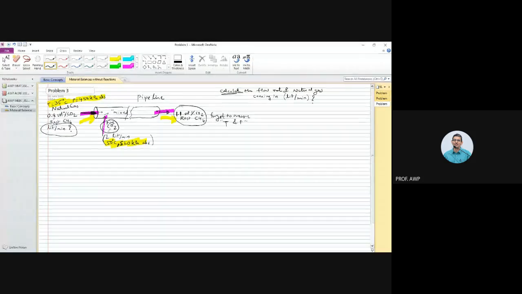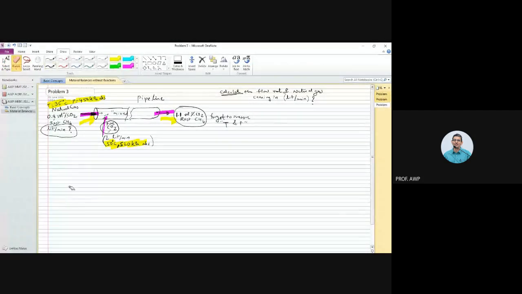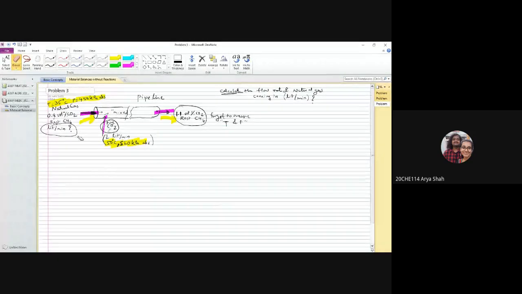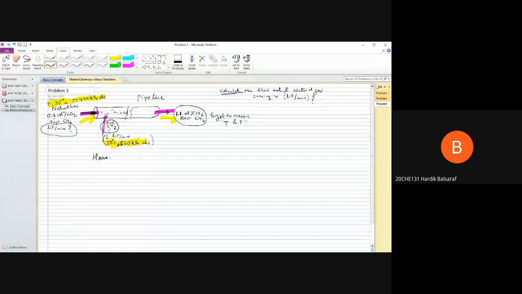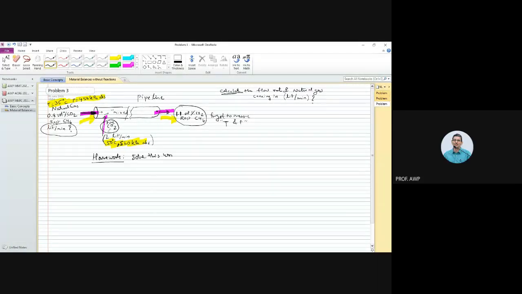All right, will you be able to solve this problem? Do this as homework? Yes, sir. We'll do this. Now, a couple of points. When you get an answer, don't wait till the next class to know whether it is the right answer or wrong answer. You can put it in your informal WhatsApp group or your formal WhatsApp group, and other people can say that this is not what I got. You can share your solution in WhatsApp and somebody can check it.